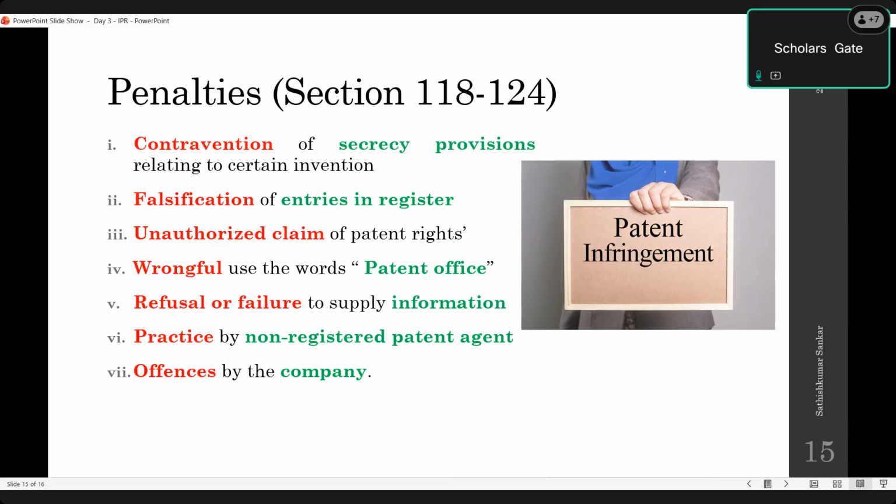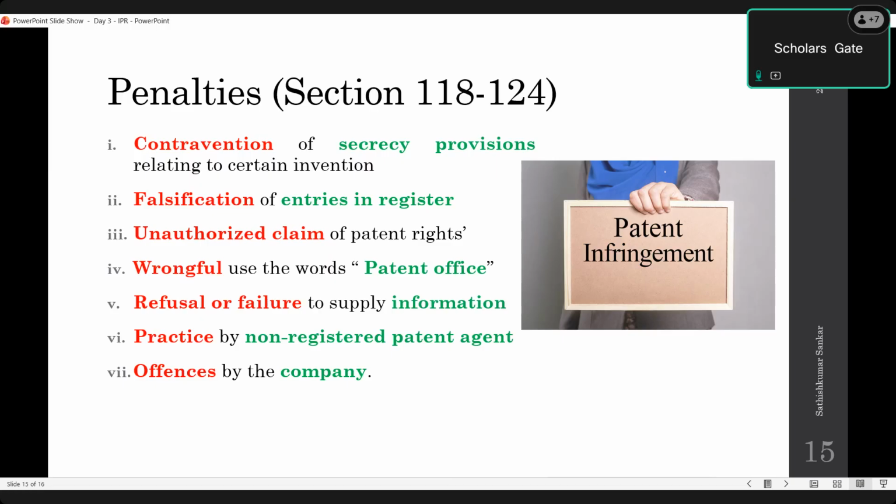Next, refusal or failure to supply information. At any time the controller can examine that particular invention, and can send a summons to any person who submitted the patent. If the controller asks any question or for any clarification about the invention, we have to justify our invention and give proper information about it.